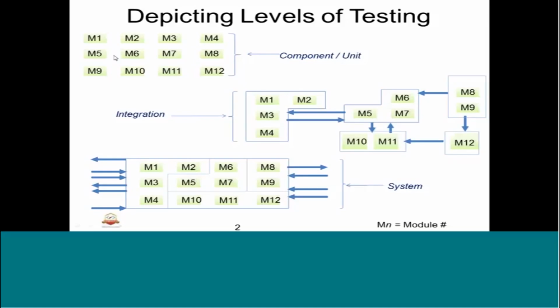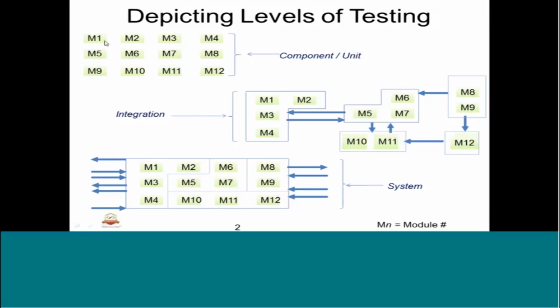In this diagram you can see different blocks. The same blocks have been rearranged for different types of testing. The first level is component or unit testing. Suppose there are 12 modules in the embedded software: M1, M2, M3, M4, till M12.